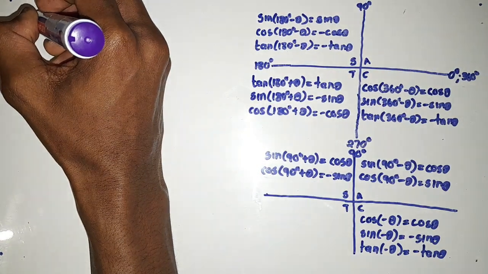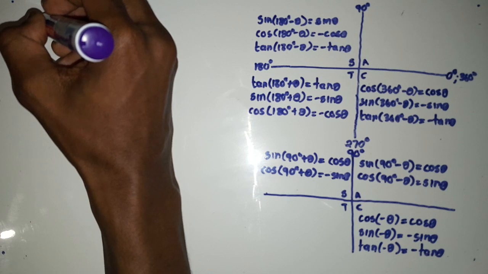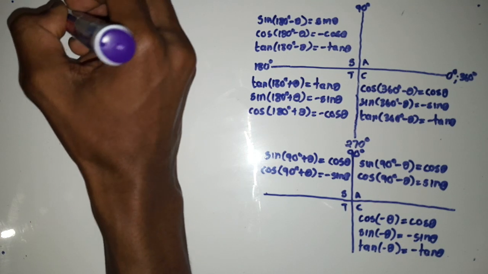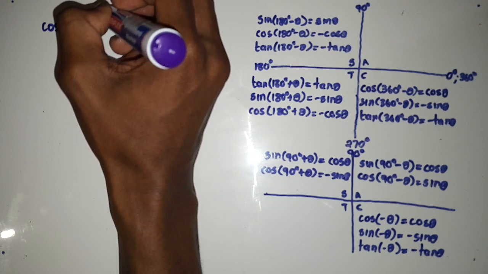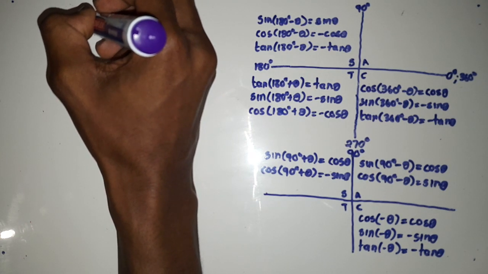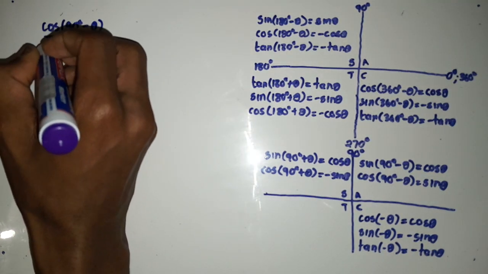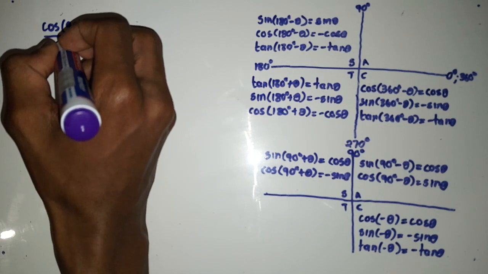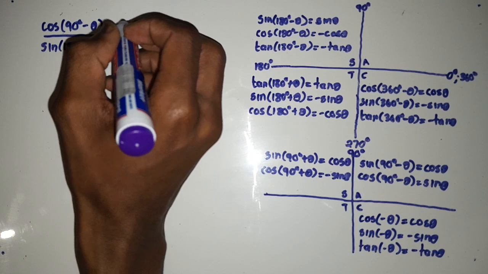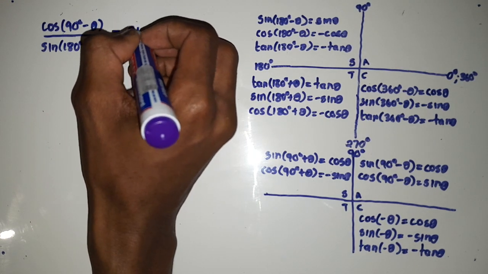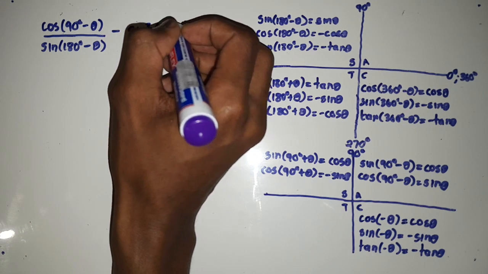Consider this one of cos 90 minus theta like this. We have division sine 180 minus theta minus sine squared negative angle.